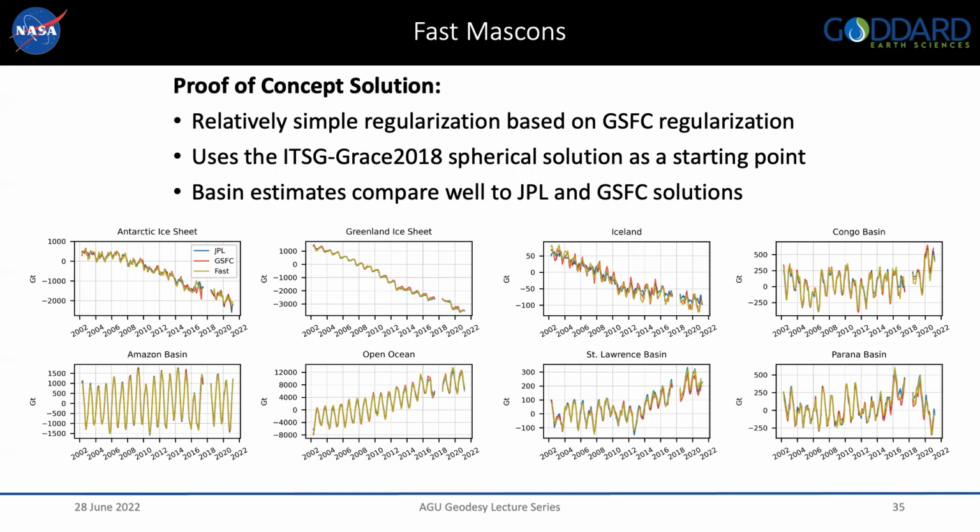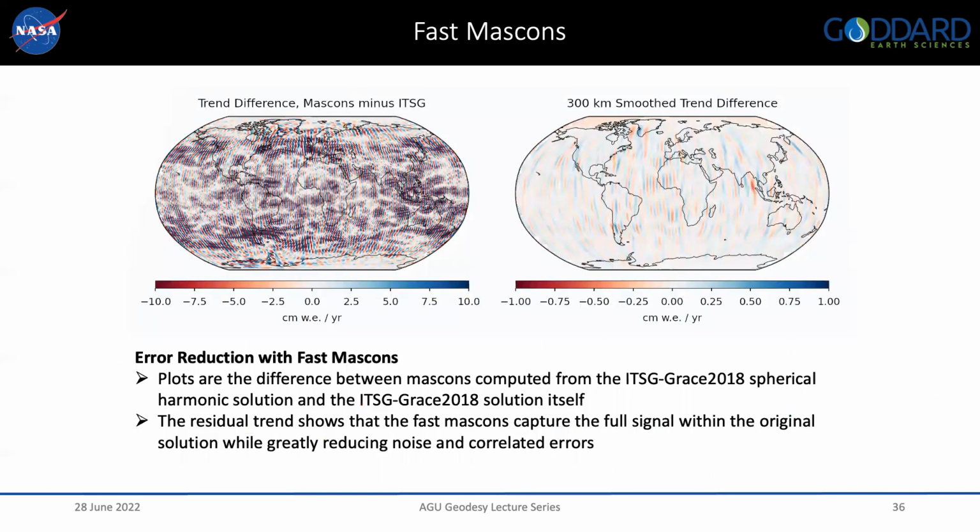The proof of concept showed very good agreement with JPL and with Goddard. So two different mascon solutions solved two different ways showed great agreement for all basins, which showed that this method works exactly as we would expect it to, and has a lot of promise.